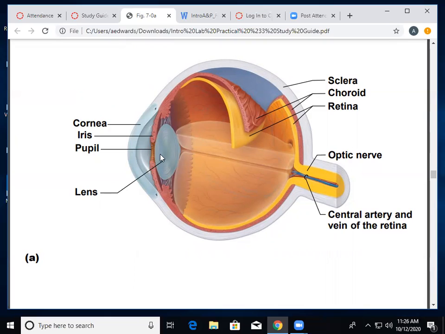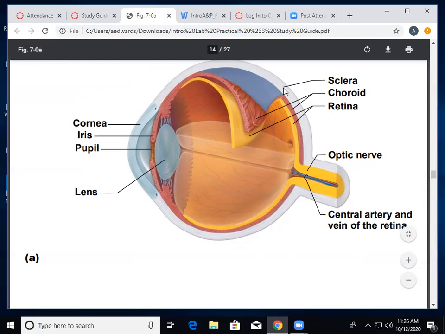While we see the pupil as a black dot, it's really an opening. That opening is allowing your lens to get light and perceive information. And that lens can be stretched or relaxed via muscles and ligaments here.